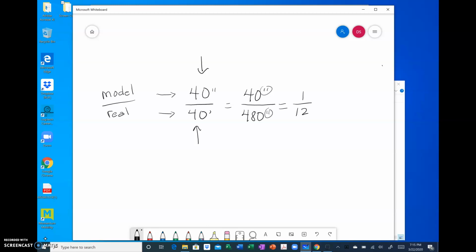So let's go down. I want you to try example 4 by yourself. I'm just going to take a pause here while I clear my screen off, and you try to figure out what the model scale would be if it was 80 inches in length. So go.